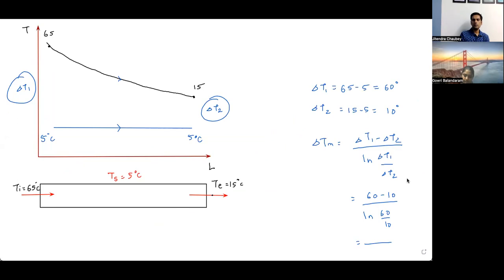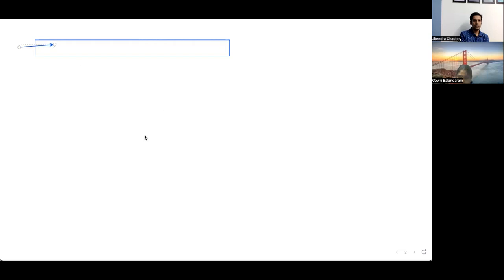Okay. See, the question is like water enters a 5 mm diameter and 13 meter long tube at 45 degrees Celsius. So there's a tube in which water is entering at 45 degrees Celsius, with velocity 0.3 meter per second.